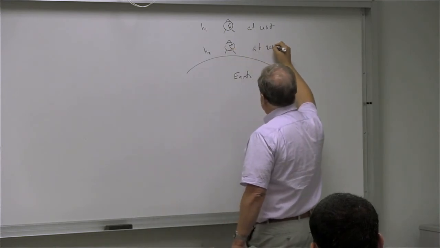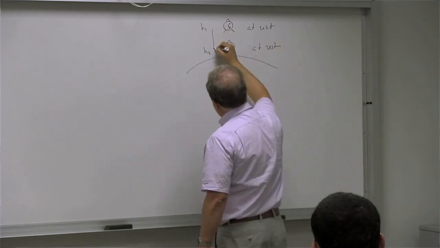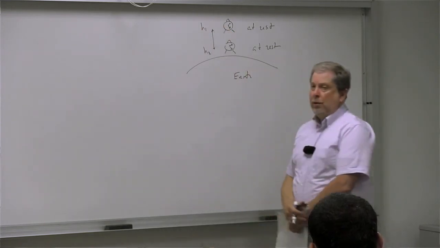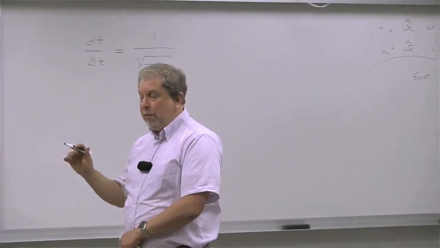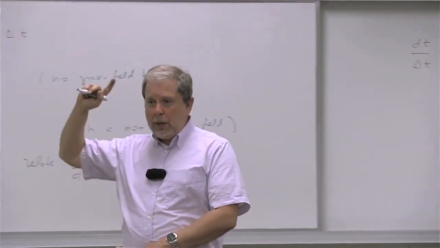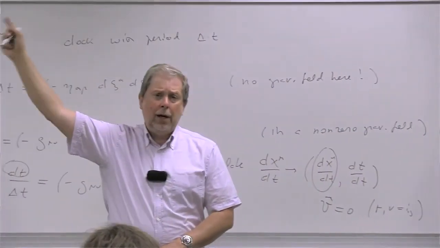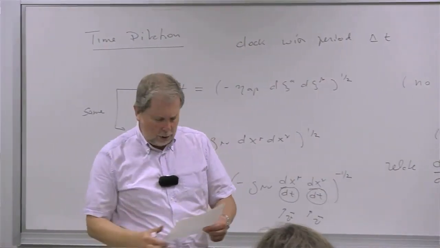And both are at rest, right? But where there is some difference in the height. Well, we can relate one to the other, and that is going to get rid of the delta t, which is the period of the clock out in the middle of empty space, right, by taking the ratio.